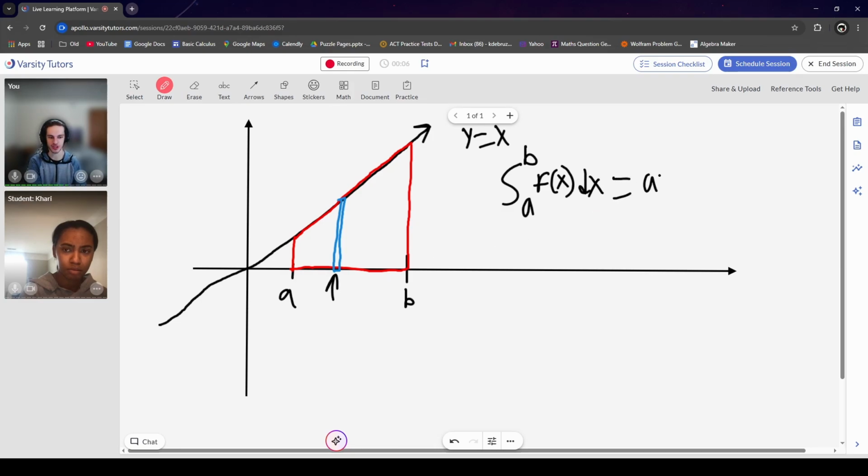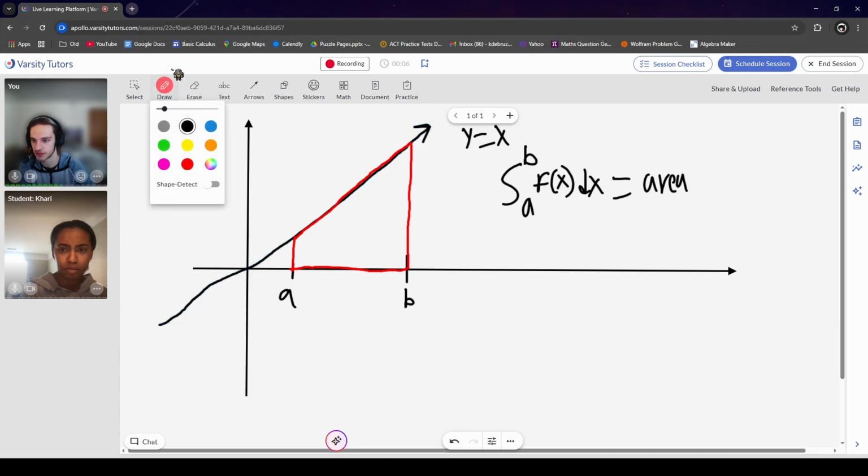This produces the area underneath the curve. So that's what's really happening with these integrals, and that's why we use them, because we can find the area of whatever shape we want as long as we have it bound by a function or a couple of functions.